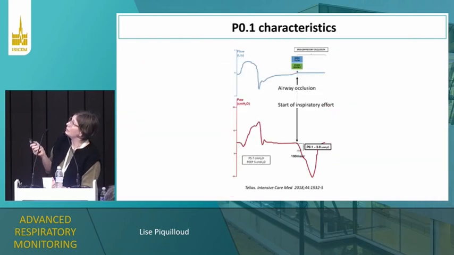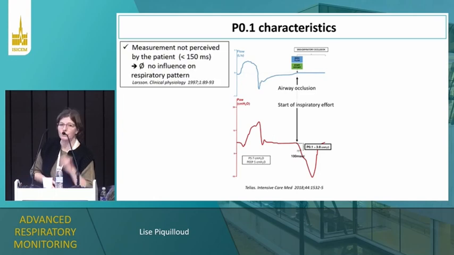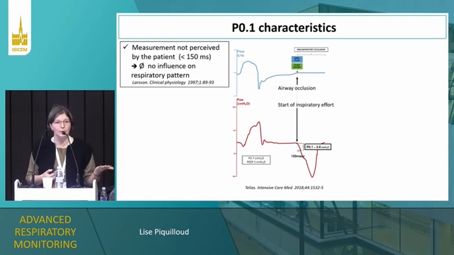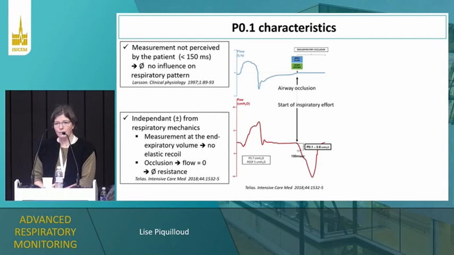You can see illustrated here on a curve taken from the ventilator, the decrease in airway pressure that reflects the decrease in pleural pressure. And this measurement is very interesting because the occlusion is very short. And that means that it is not perceived by the patient. And it's not going to change respiratory rate, tidal volume, etc. And in addition, the system is occluded and it's very early during inspiration.